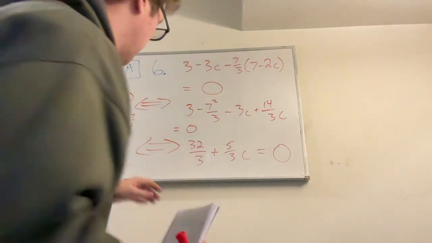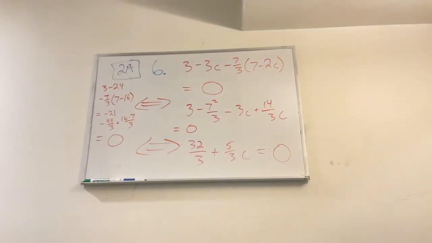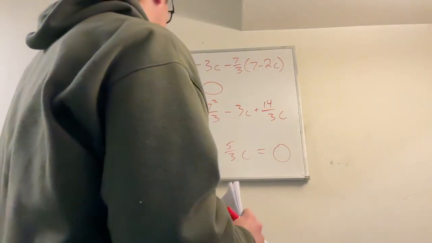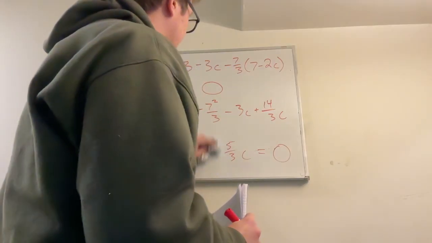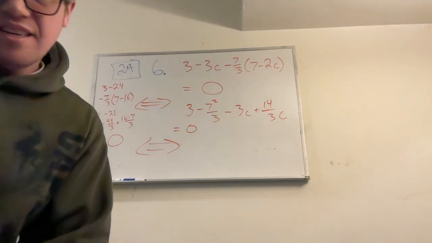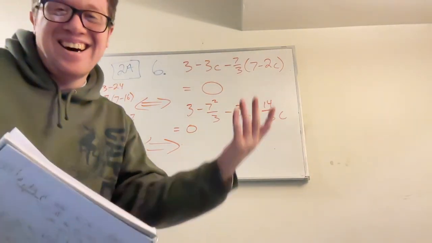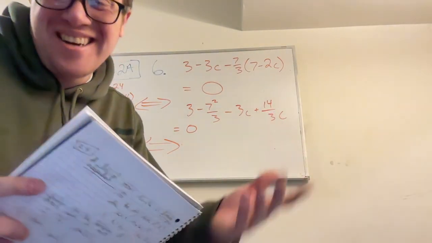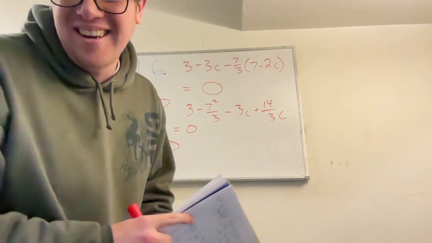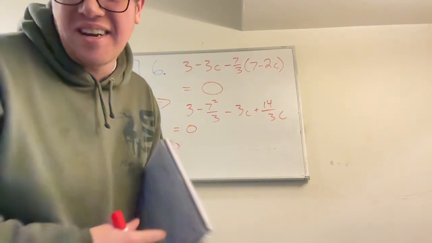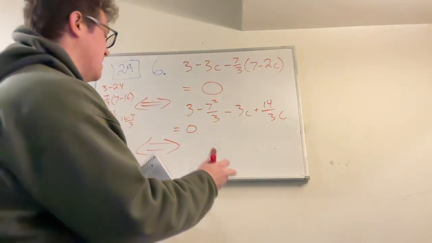I did 27 times 3. Thank you. Right. No, I know. This is the only thing I didn't write the answer down for. Of course, I knew this was gonna happen. Negative 40 over 3.